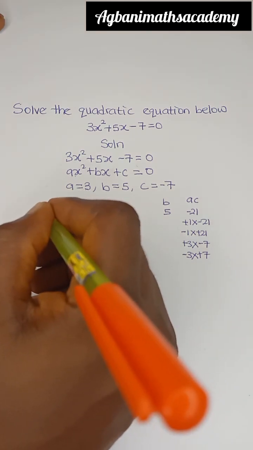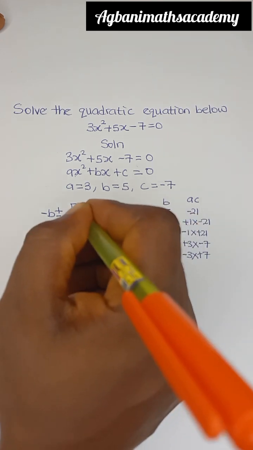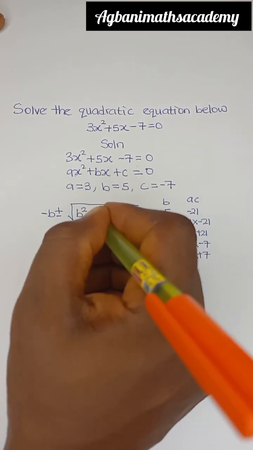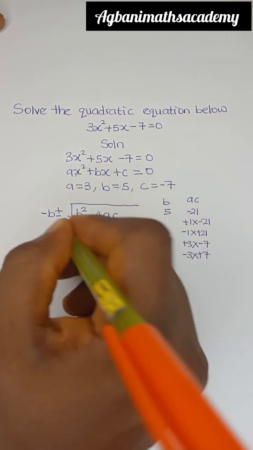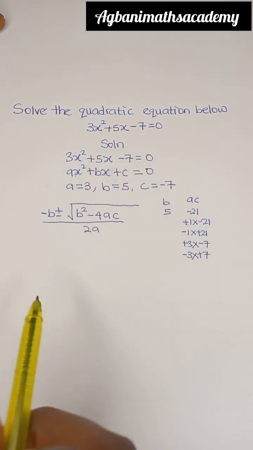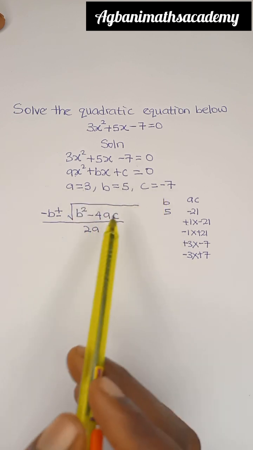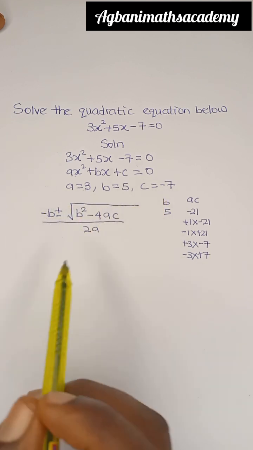So we are going to apply the formula: x equals minus b plus or minus square root of b squared minus 4ac, all over 2a. Okay, so we know that our a is 3, our b is 5, and our c is minus 7. So we substitute these values into this equation.